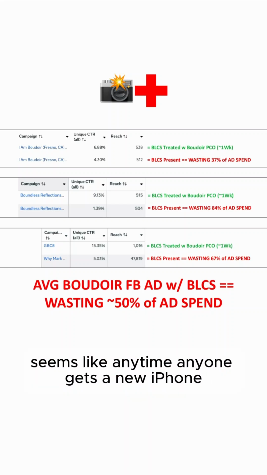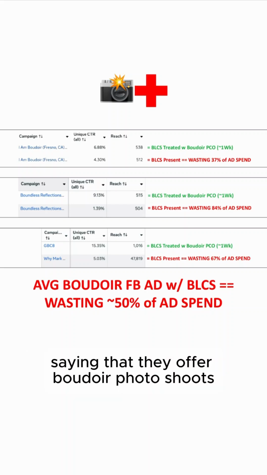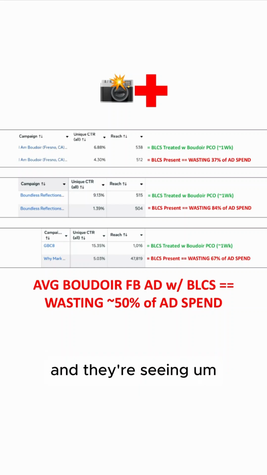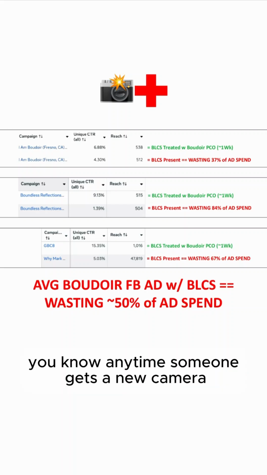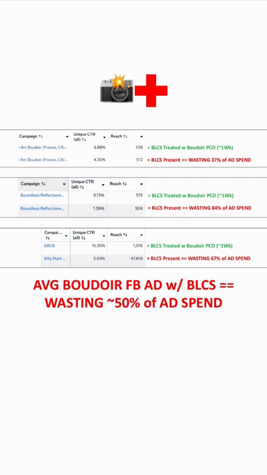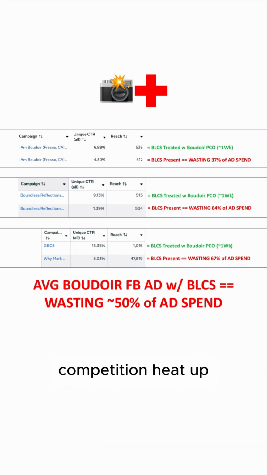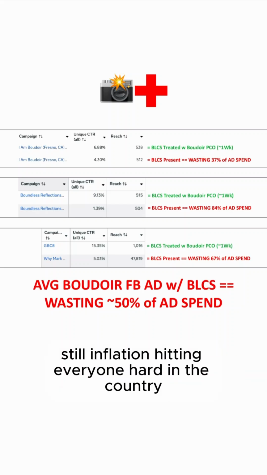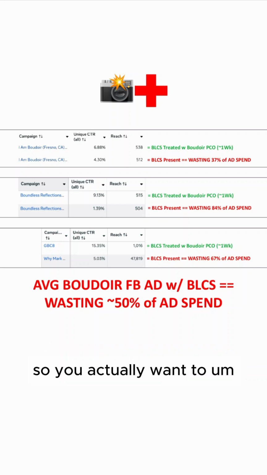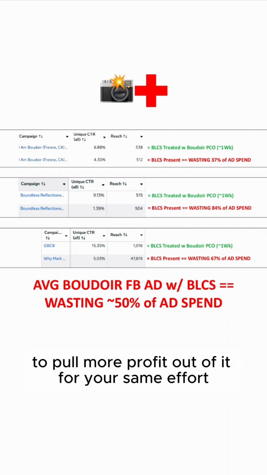Seems like anytime anyone gets a new iPhone, they're throwing up a Google My Business profile saying that they offer boudoir photo shoots, and anytime someone gets a new camera, it seems like they're offering boudoir photo shoots in the moms groups. And so you're seeing the market saturation, competition heat up, more sellers for the same number of buyers, and you're seeing inflation still hitting everyone hard in the country. So you want to optimize the business more to pull more profit out of it for your same effort.